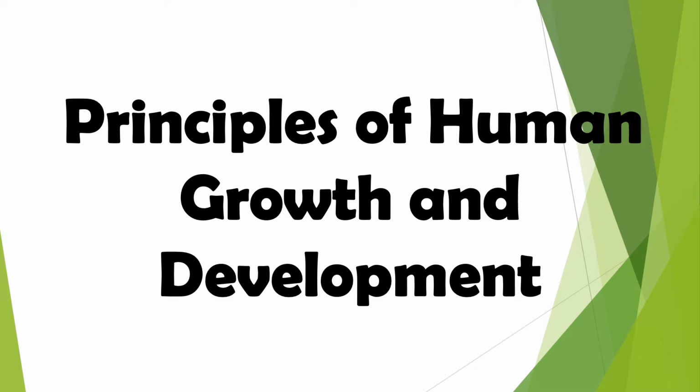These principles describe typical development as a predictable and orderly process, even though there are individual differences in children's personalities, attitudes, behavior, and timing of development. The principle and characteristic of development are universal pattern.